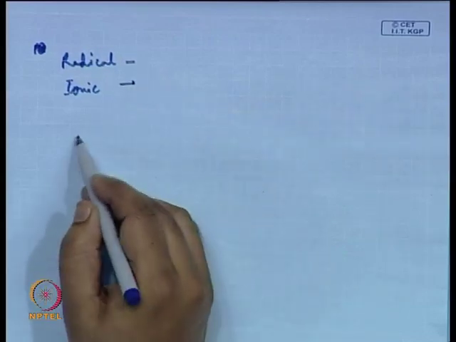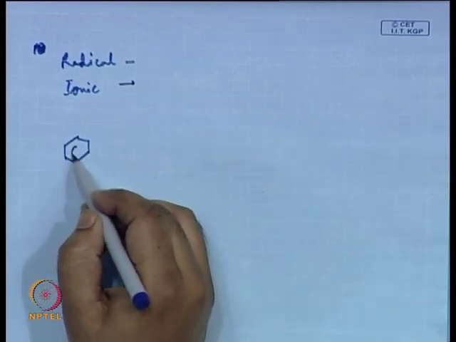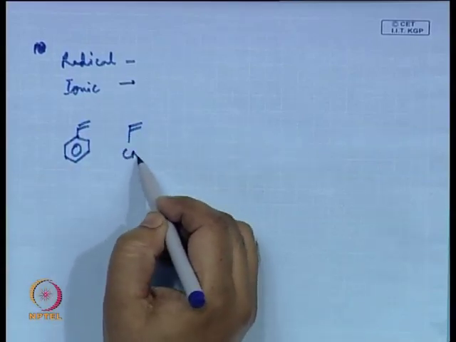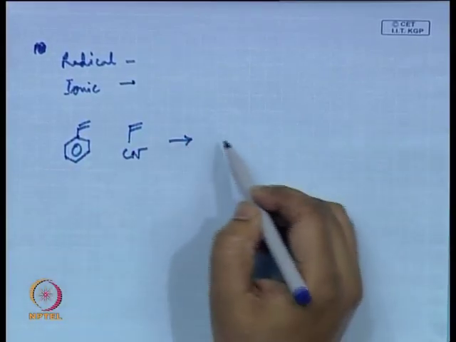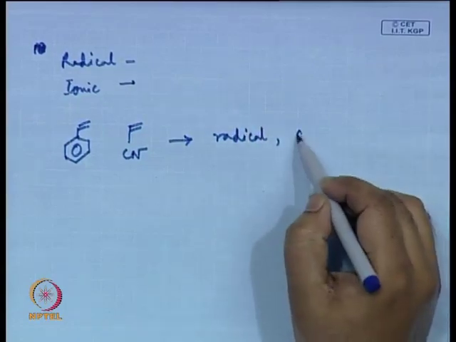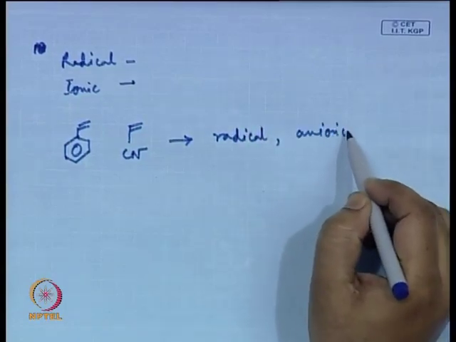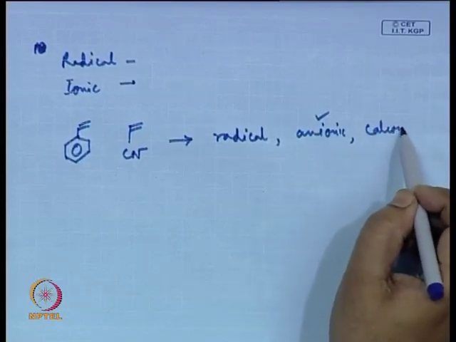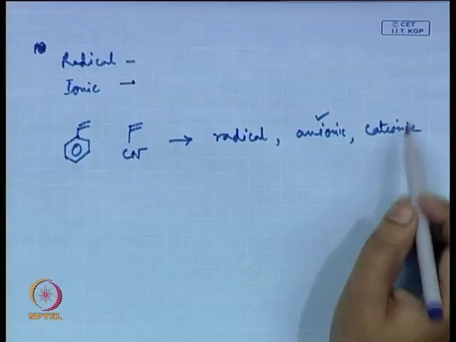For example, if I take a specific example of say styrene and acrylonitrile, this can be copolymerized by radical, it can be copolymerized by anionic, but it cannot be copolymerized by cationic.